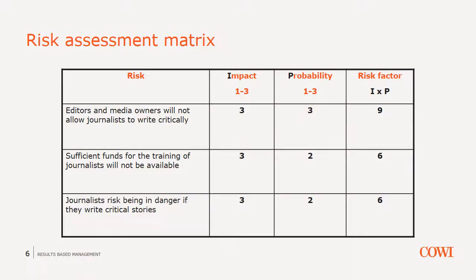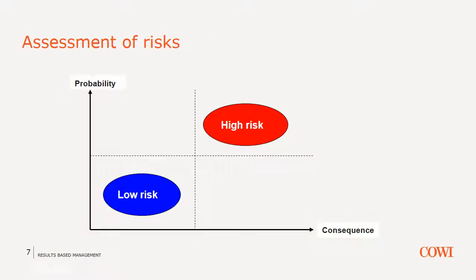Once risks have been assessed, they can be presented in a diagram like this. But you can also just stick to the matrix. The diagram shows that risks that have a high probability of happening and a serious consequence if they do are the ones we want to focus on first.